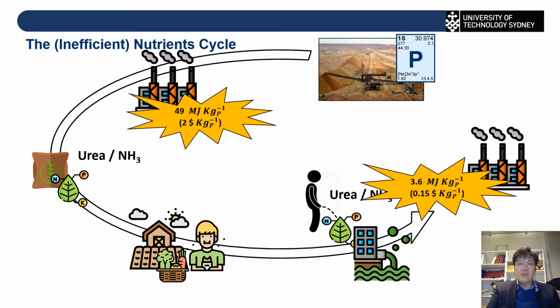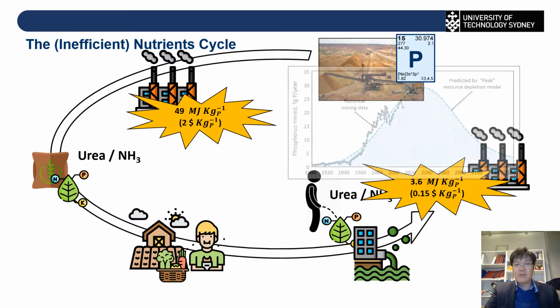We have to spend around $2 for this kind of contaminant. We also look at the phosphorus. Basically, phosphorus relies on phosphorus rock. So we produce 1 kilogram of phosphorus for almost $2, then the same cycle, and then it goes to the wastewater treatment, and we need to spend $0.15 to remove the phosphorus.